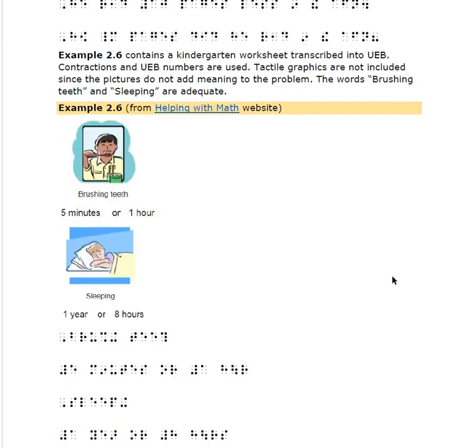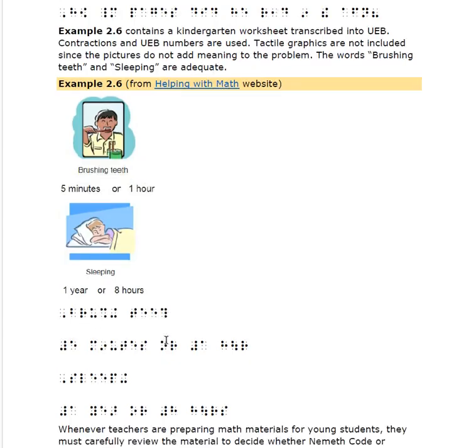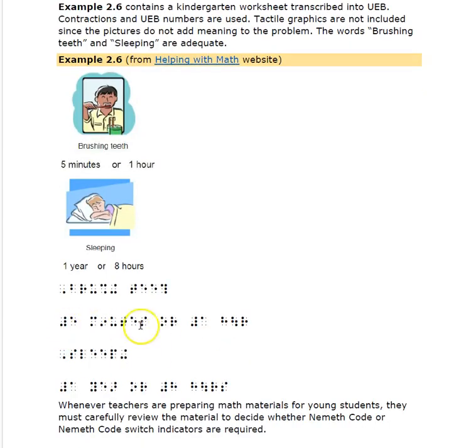This is example 2.6. It's a kindergarten worksheet transcribed into UEB. So we have brushing teeth in print, in words. And then it says 5 minutes or 1 hour. Again, these numbers stand by themselves. They're not a number sentence of any kind.